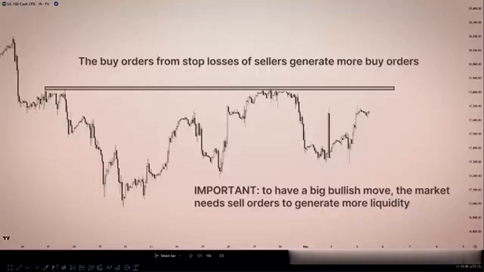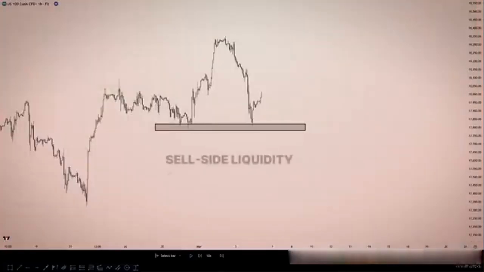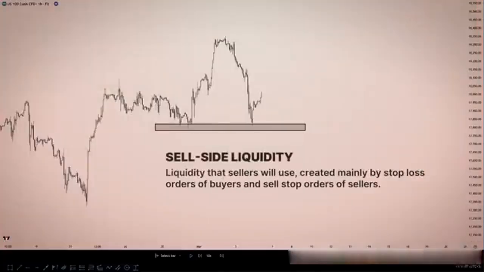Also, the buy orders from stop losses of sellers generate more buy orders, which is why you often see a surge in buying when price breaks out. Sell-side liquidity is the opposite. It's the liquidity that sellers will use, created mainly by stop-loss orders of buyers and sell stop orders of sellers.